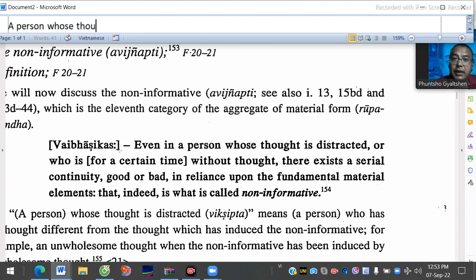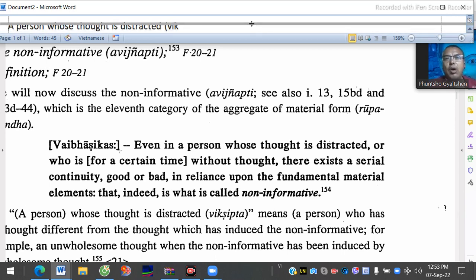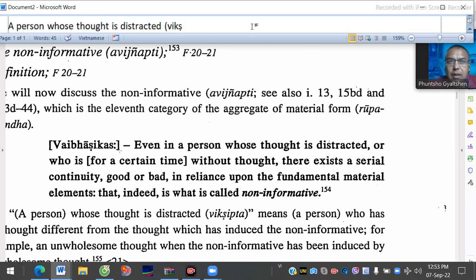There are the 5 faculties, and the objects of the 5 faculties are also contents of perceivable or tangible form.